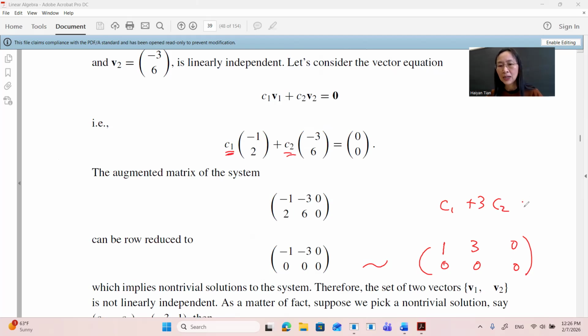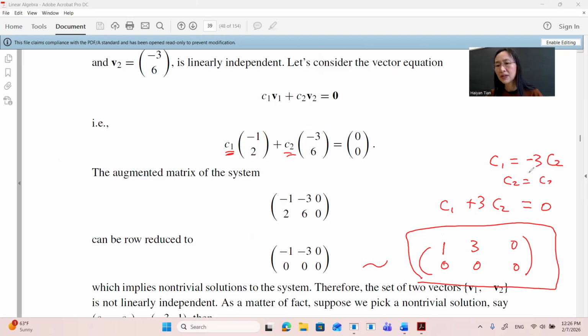Based on the reduced echelon form, we know one equation has two variables, so there's one free variable. That means c2 is a free variable. So c1 can be anything as long as it's -3c2, and c2 is free, can be anything.